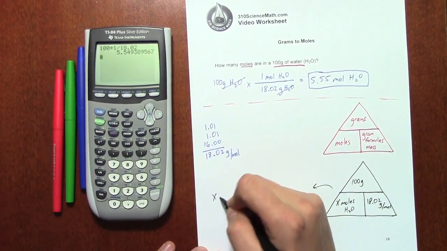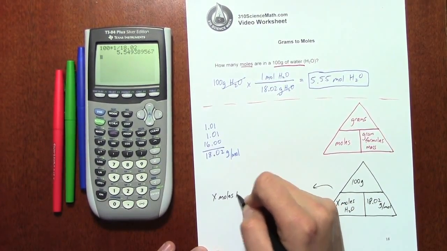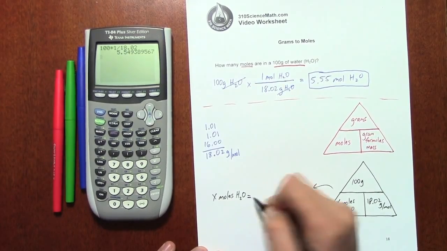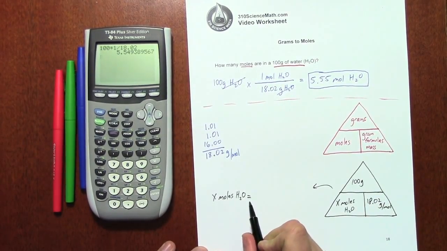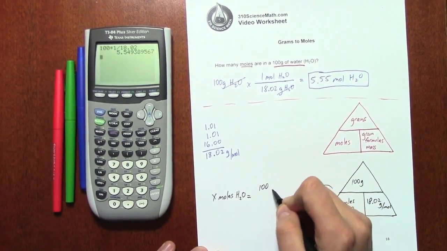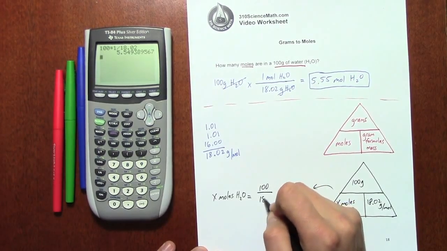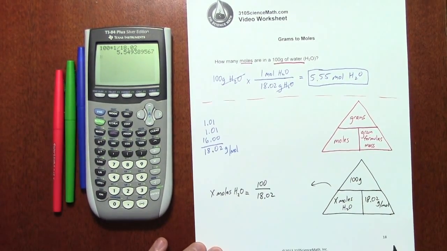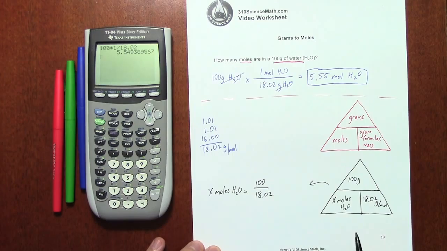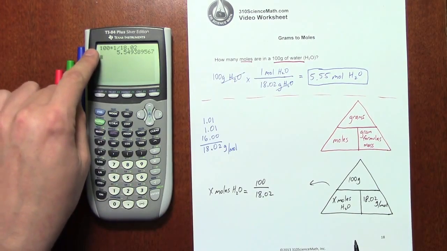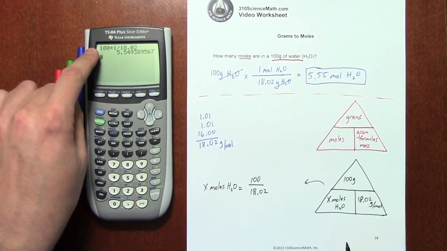So the way that we're going to set this up is very simple. We're going to write X moles of water, H2O, and we're going to set that equal to 100 over 18.02. Okay, and it's basically what we did on the calculator when we were solving the dimensional analysis method.